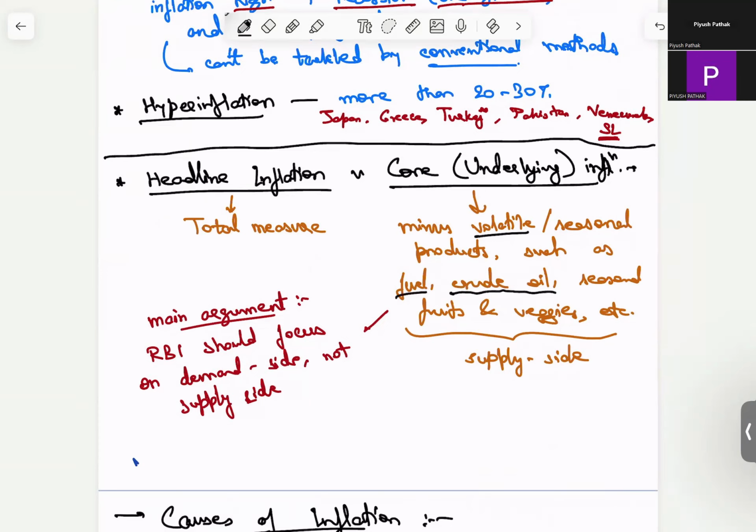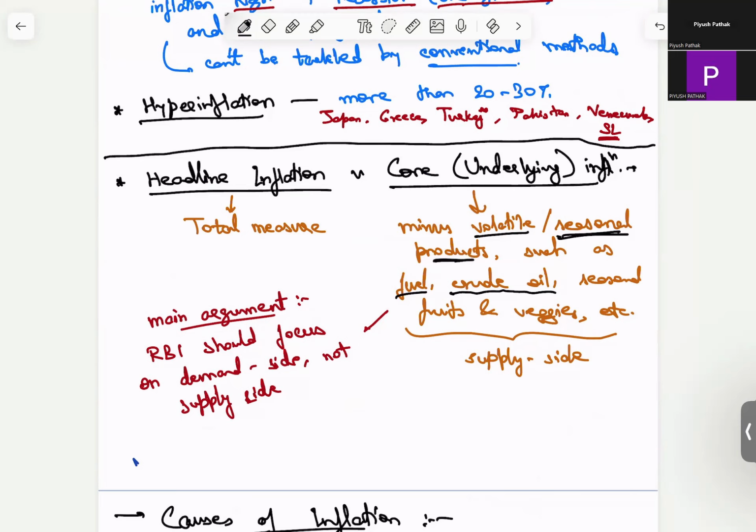Similarly, there are some seasonal products, let us say fruits and vegetables. For example, due to a poor or unexpected monsoon, the production of onions was destroyed.